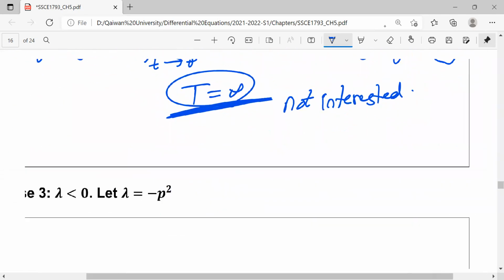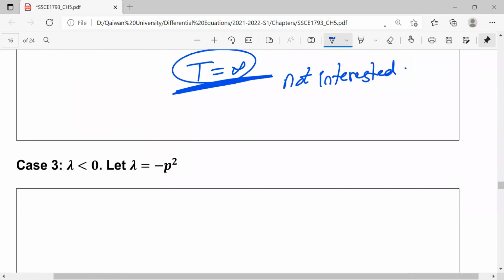This is this case. We have only one more case. So in this case, we must have a suitable solution for the ordinary differential equations. Here we say if lambda is a negative value, we let lambda be minus p squared. Here p squared is always positive, and if we give a negative sign to it, it's always negative.